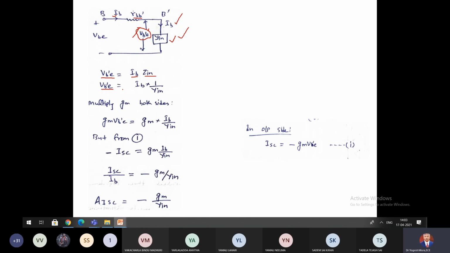And VB'E in terms of admittance will be IB multiplied by 1 by Yin. Now we multiply both sides by gm. So we will get gmVB'E, and gm multiplied by IB by Yin.